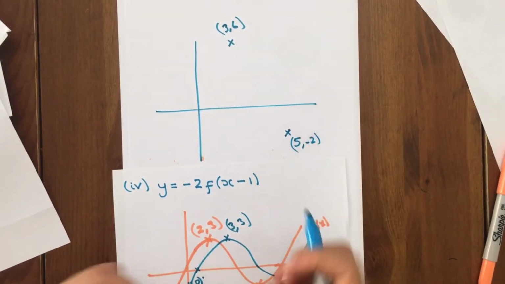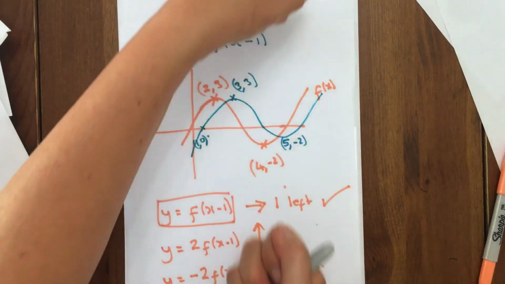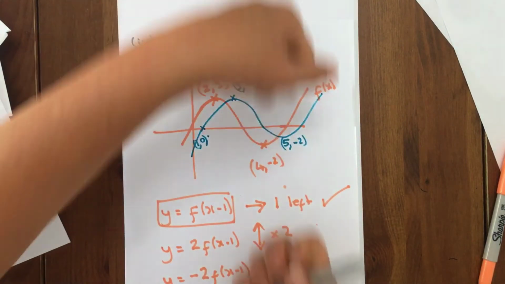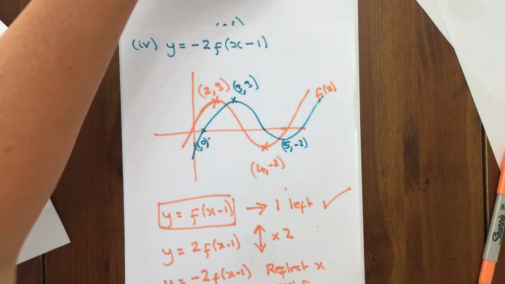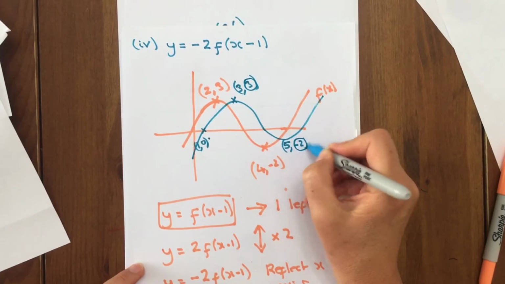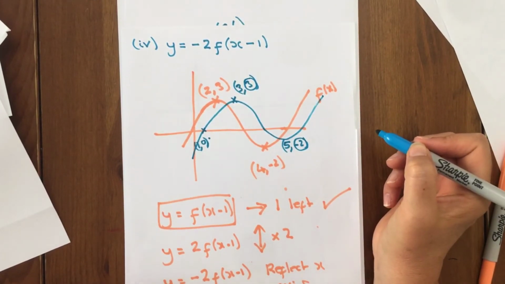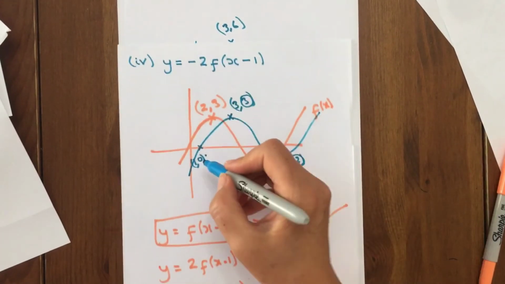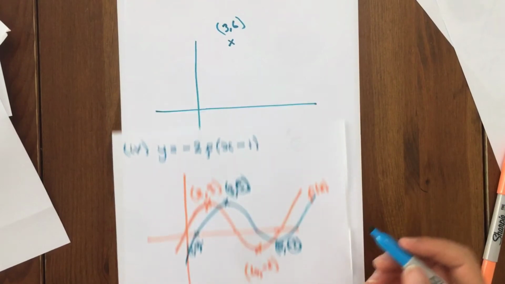So the whole graph, my blue graph, is stretched by a scale factor of 2, upwards and downwards, away from the x-axis by a factor of 2. My y's are doubling. All my y values are doubling. So this point here, 1, 0, will stay exactly the same because 0 doubled is just 0.